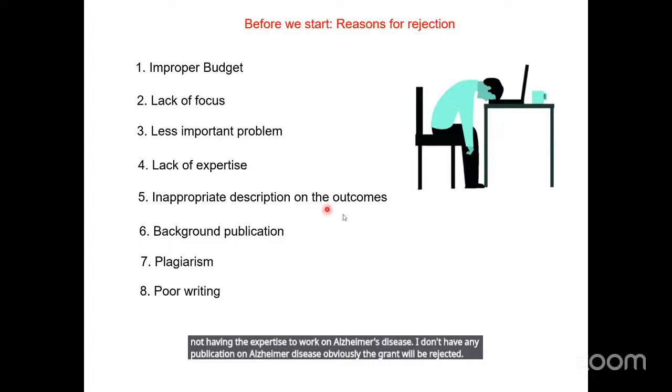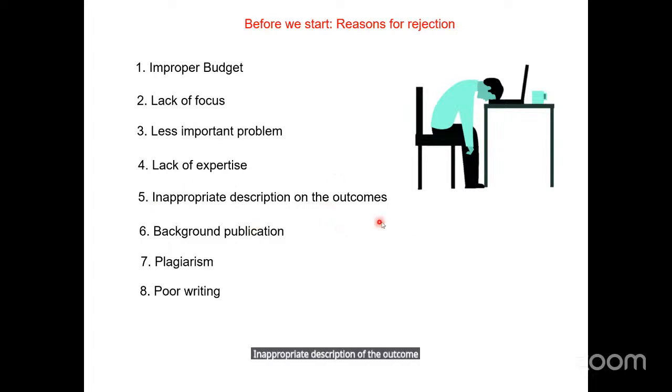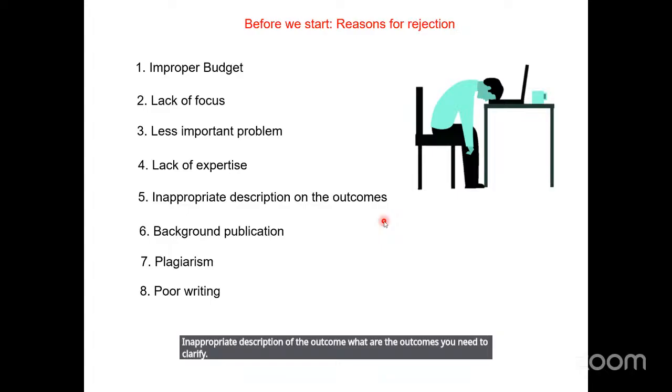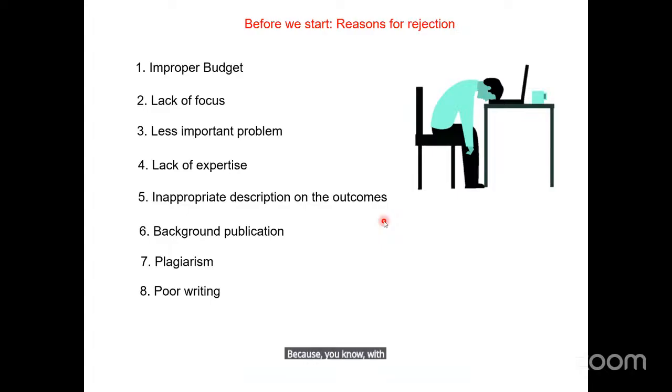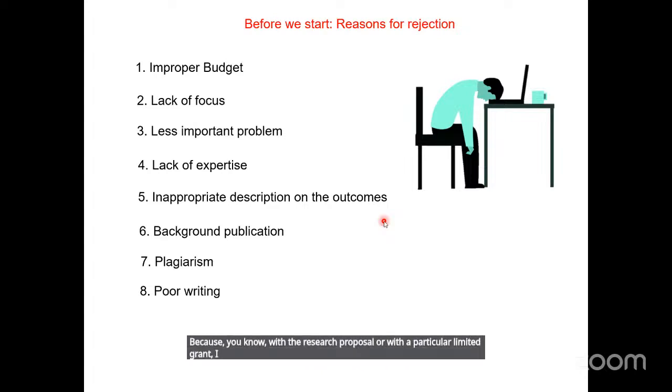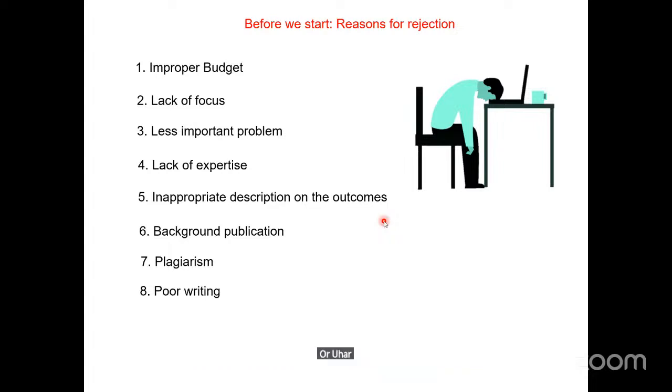Inappropriate description of the outcome. You need to clarify the outcomes, because with a research proposal or a particular limited grant, I cannot assure that I will publish the findings in Nature, or that a particular disease will be eradicated from the globe after completion of this project. Such overthinking or over-claiming we have to avoid.